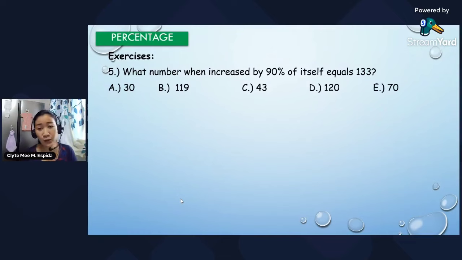Okay, for those who are answering letter B or 119, please reconsider po your answer. Kasi it is not asking kung ano yung 90% ni 133. Yung tinatanong po, anong number na pag dinagdag natin yung 90% niya sa kanya, magiging 133.